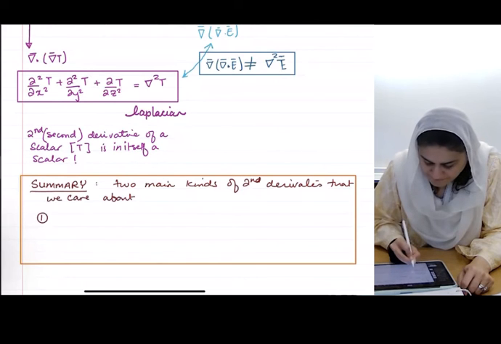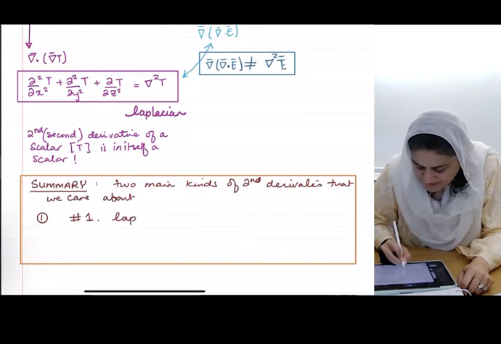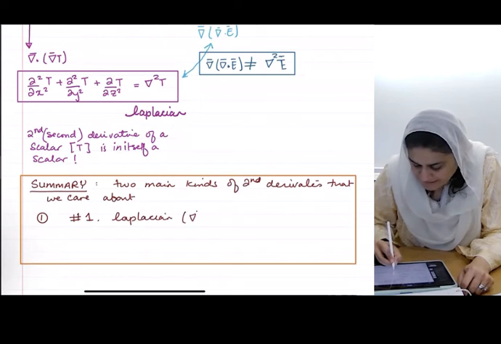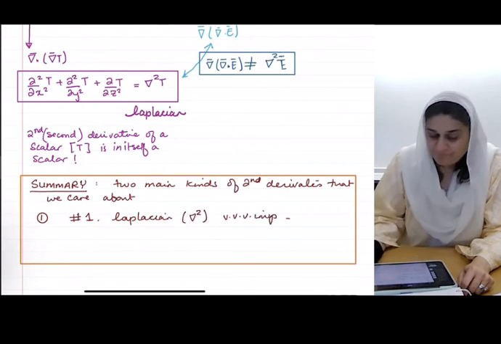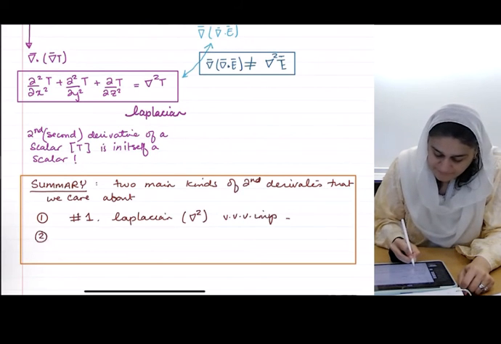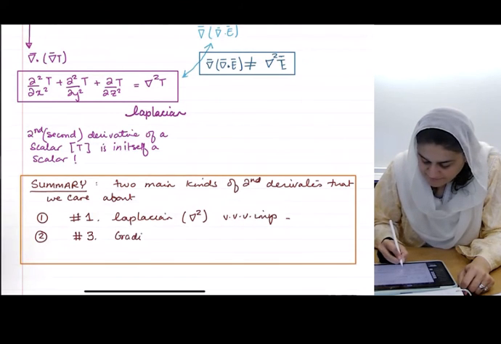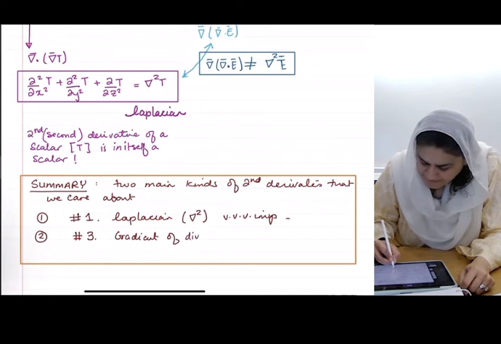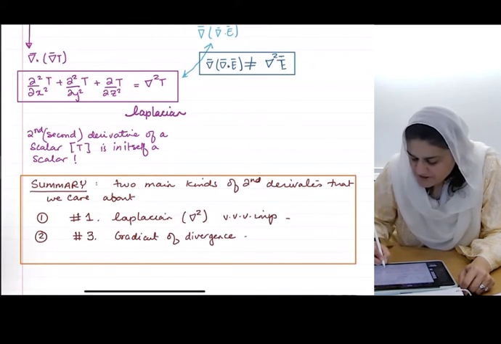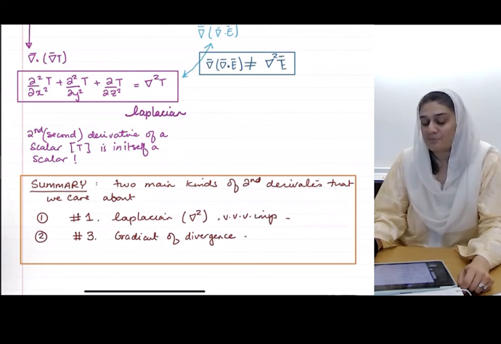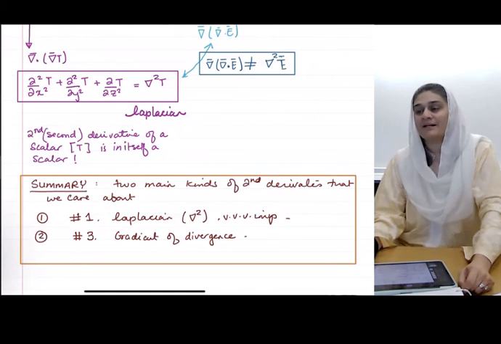Number one, which was the Laplacian, the del squared, which is very, very important. And number two, the number three equation, which was the gradient of divergence, which is important, but not as important. And I think Griffith uses the word seldom encountered for it.